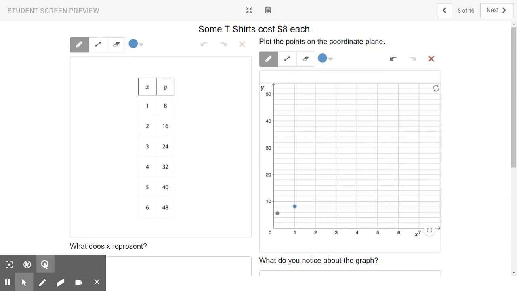Okay, so I started by plotting just this first point. I knew when X is 1, Y is 8. So I started at my origin, I went to 1 because this is my x-axis. This is my y-axis. So I go over to 1, and then I knew I had to go up to 8.